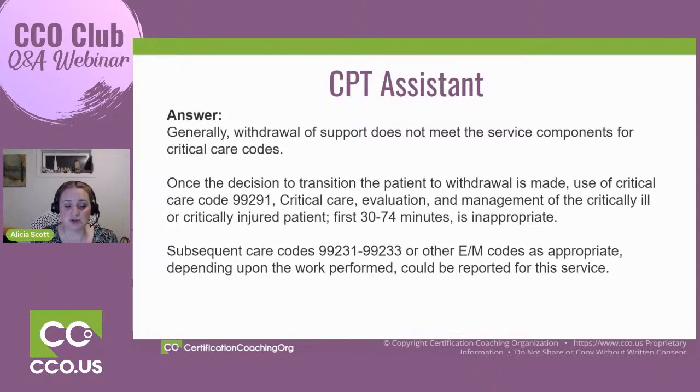You can use that up to that point, but it would not be appropriate to use the 30 to 74 minutes of critical care E&M once that decision's been made. You would in turn use 99231 through 99233, and these are E&M codes that would be appropriate depending on what work is performed in the palliative care that's being given to the patient.